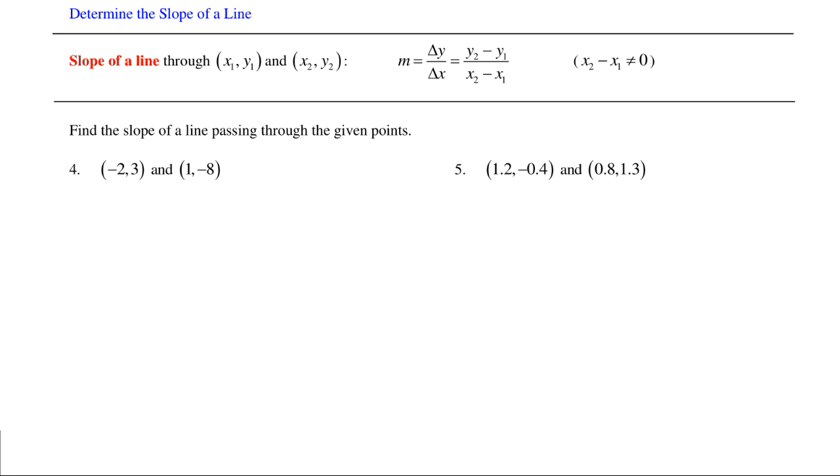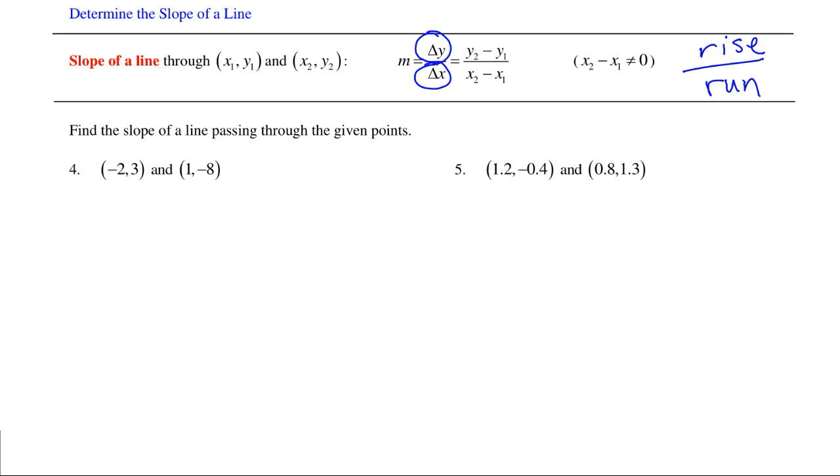You may have heard slope previously called rise over run. So that's the idea of the difference in the y's. That's that delta y. That's a Greek letter, the triangle. And then the bottom is delta x, meaning the change or the difference in the x's.